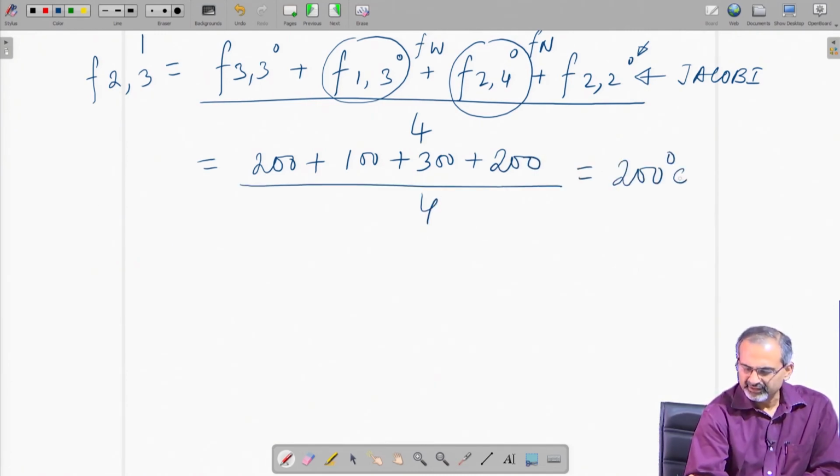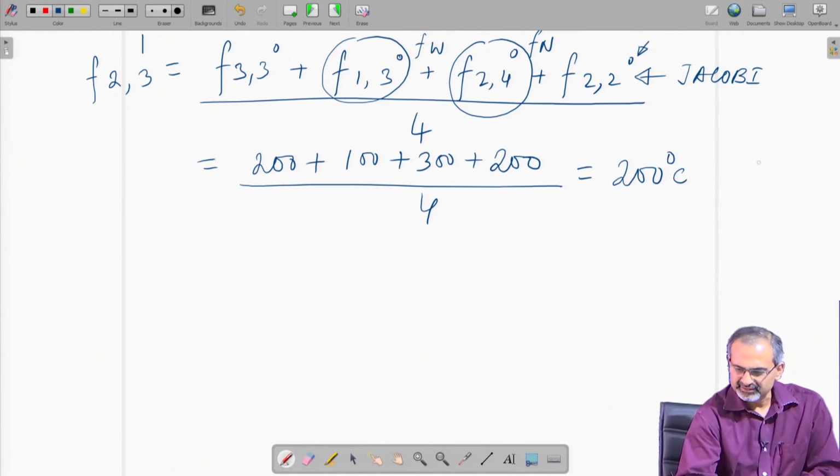This gives you 200 degree centigrade again, which is incidentally the same as f 23 at the 0th level.